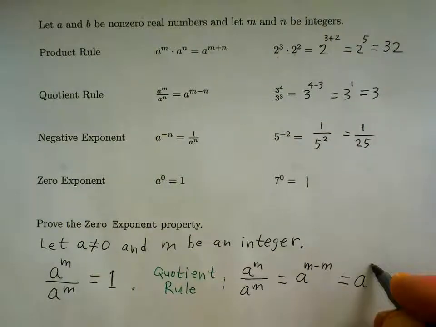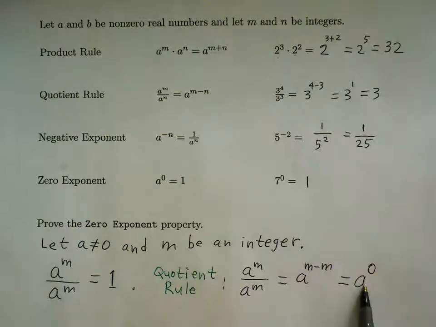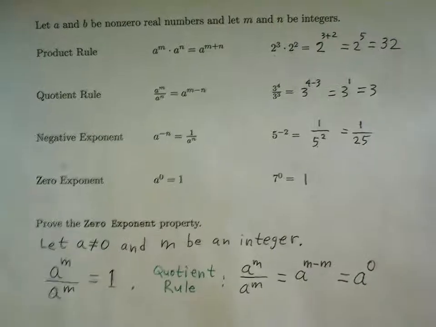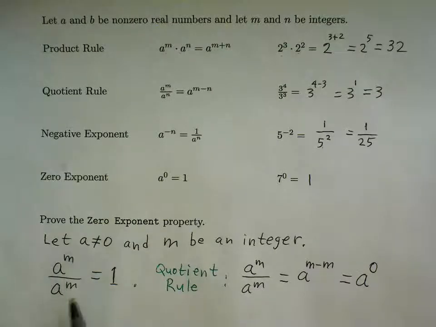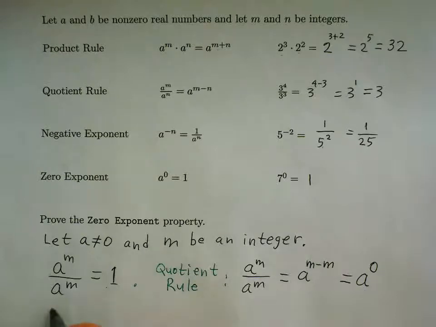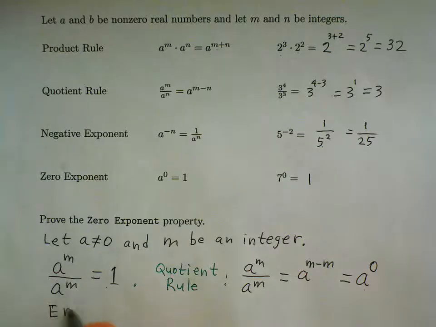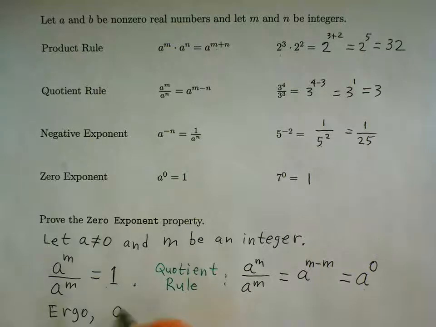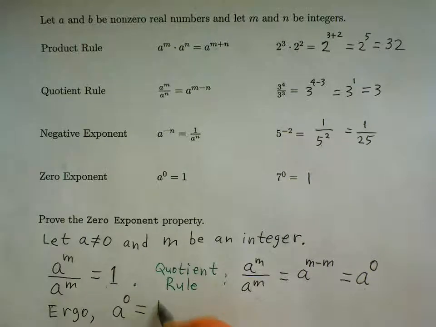So this is a to the 0. Okay, so on one hand, a to the m divided by a to the m equals 1. And on the other hand, a to the m divided by a to the m equals a to the 0. Therefore, we can say a to the 0 equals 1. So ergo, a to the 0 equals 1.